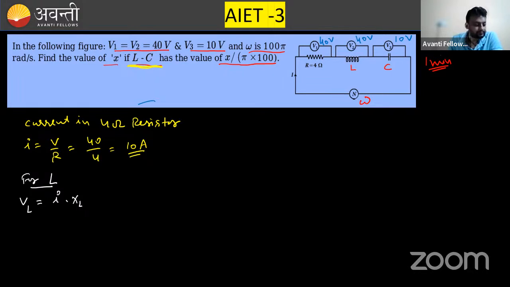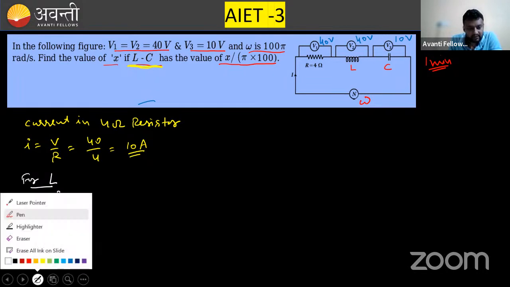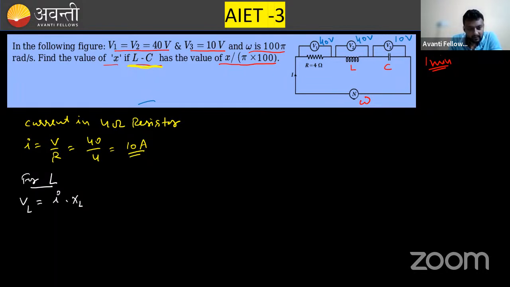Now VL is equal to 40 volt, current is equal to 10 ampere, and XL you can write as omega L. So L can be written as, cancelling, 4 by omega. Is it clear? I hope this point is clear to everyone. This is equation number 1.